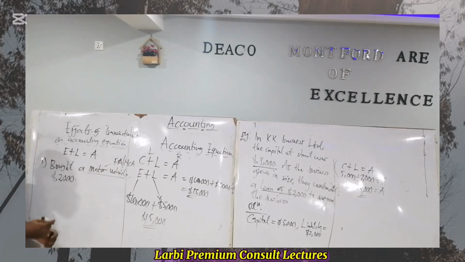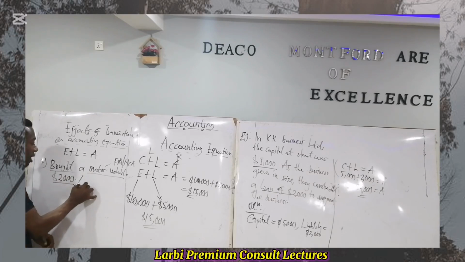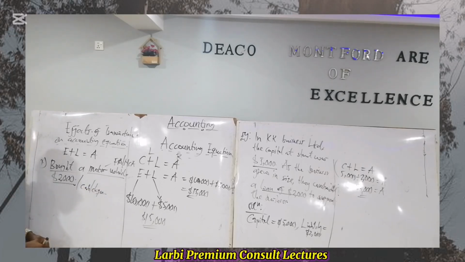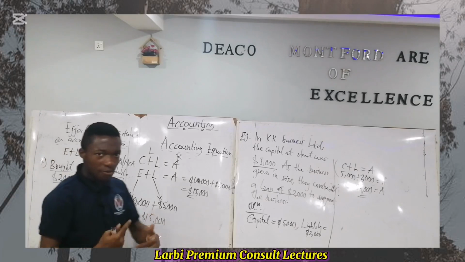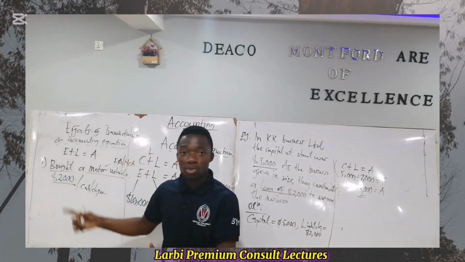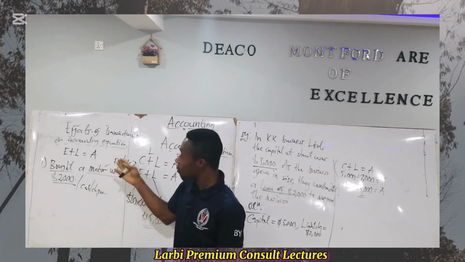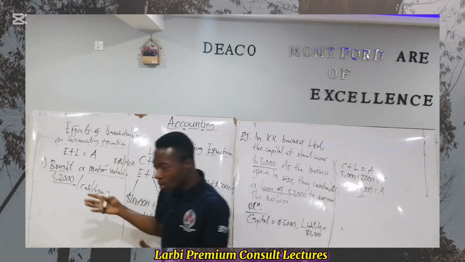What do we use to buy the motor vehicle? We use money, right? Cash. Or it can be cash or it can be a check. So that means the bought aspect here, which is the $2,000, can be cash or check. So that means here there is an effect on the resource that we use to run the business. Cash is affected, so shall fixed assets also be affected.